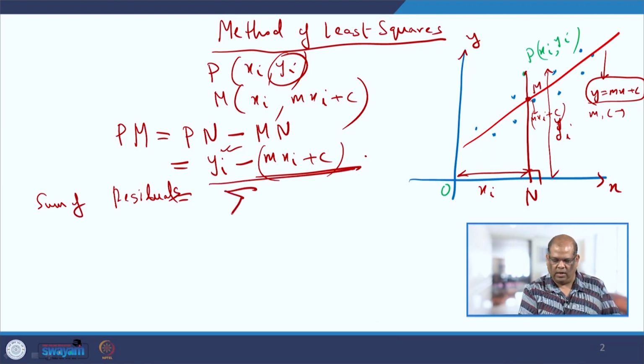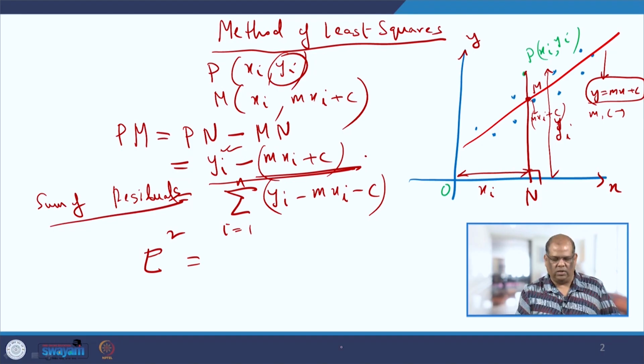If I consider there are n number of points, this is yi minus mxi minus c, with i equal to 1 to n. Then what we do is we make it an error square. Instead of taking the sum of the residuals, we take the sum of the squares of the residuals.